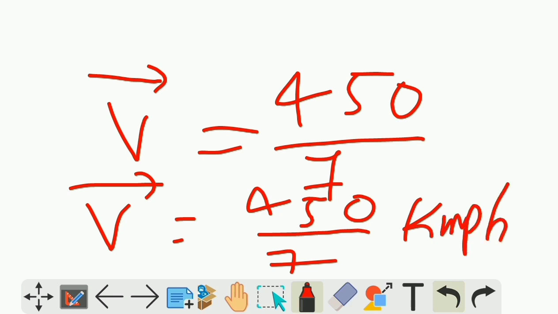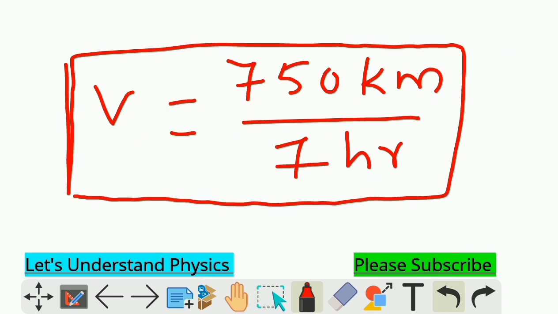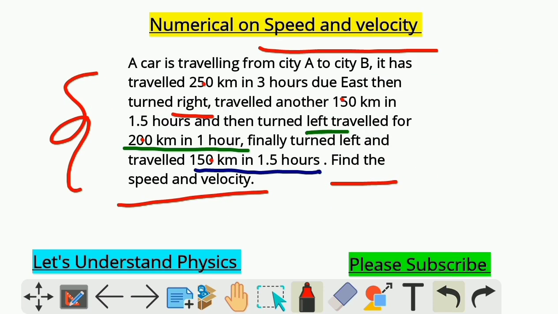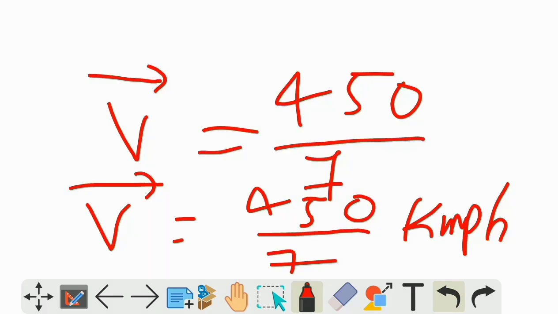Understood? If you simplify, what value you get, you just let me know in the comment section. Okay, understood how to find speed and velocity in the same problem? So, after finding this velocity, what is the direction also you have to say, isn't it?